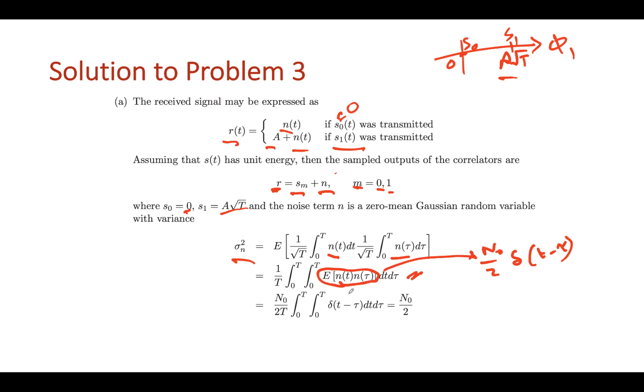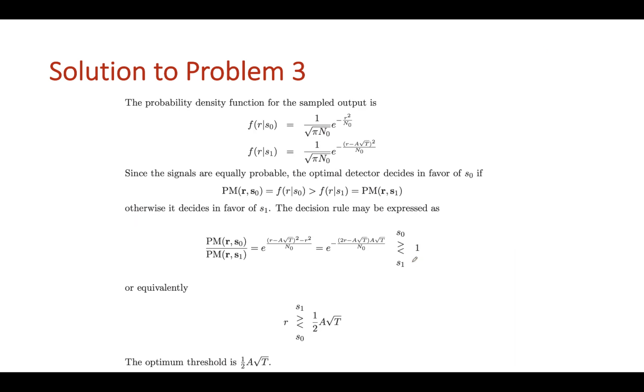Okay, so you replace this here, n0 by 2 comes outside of these integrals, and then you have this remaining integral. So the area under this will be capital T. So then the final answer is n0 by 2. Now the probability density function for the sampled output will be like this.